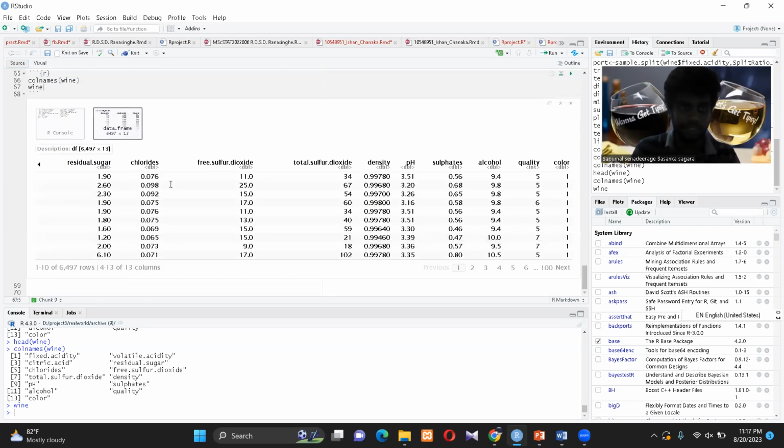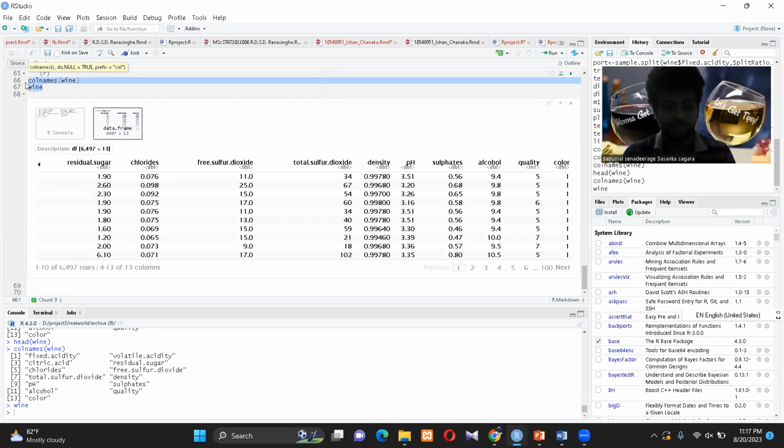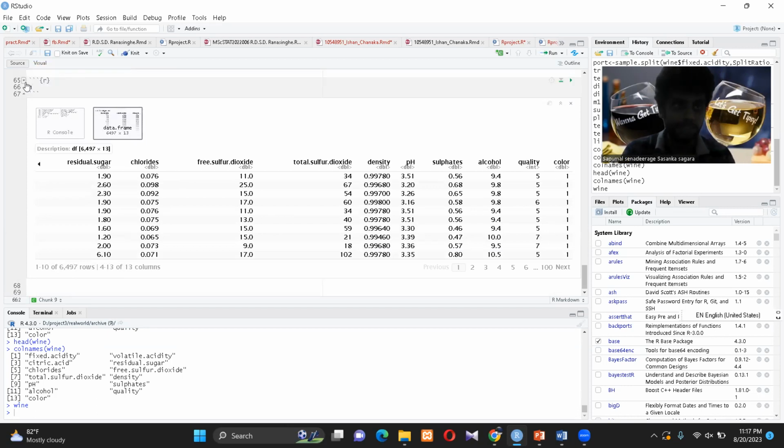I'll show you the result we got using all these variables. Let me call it logistic model 0.